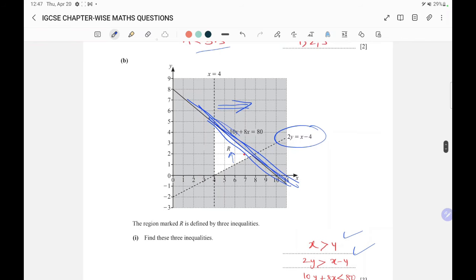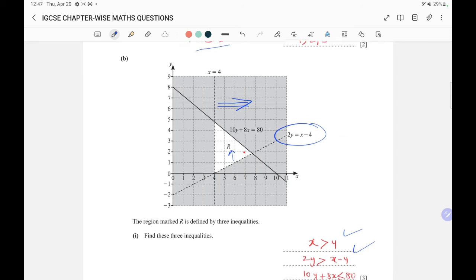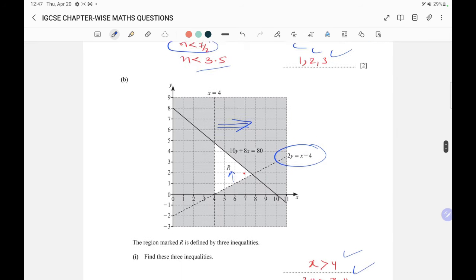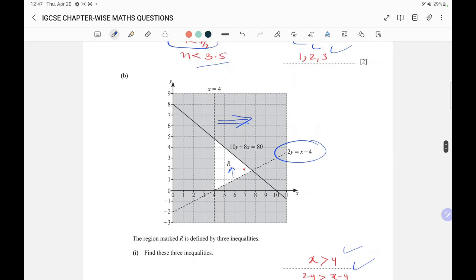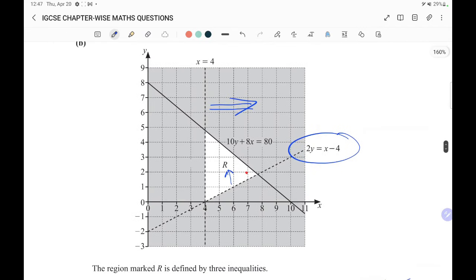But what's the equation of this line? Is it given to us? It's not given, right? So we need to find it. Okay, so let's find. What we are observing is this is 10, 0 and this is 0, 8. So can we find the gradient of this line?